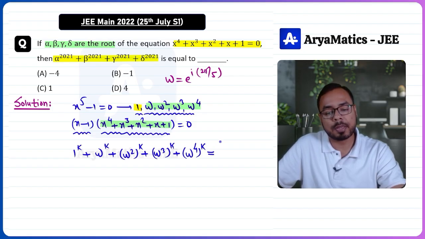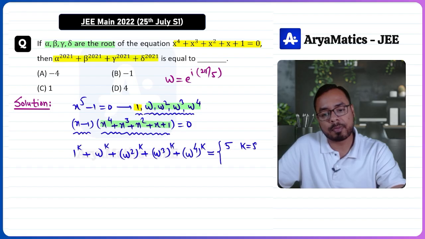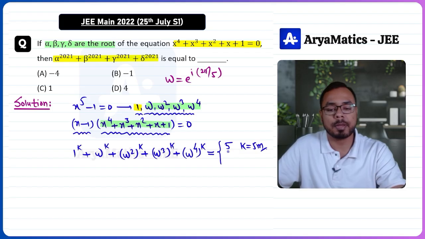So for this sum there are two possibilities. One, this sum will be 5 if k is some multiple of 5, right? If the exponent is a multiple of 5, then this sum will become 5, and this sum is 0 when k is not a multiple of 5.